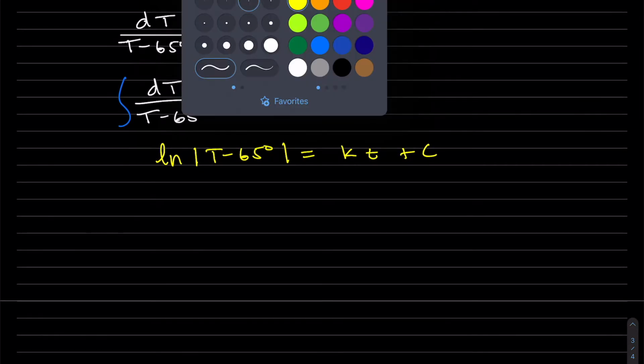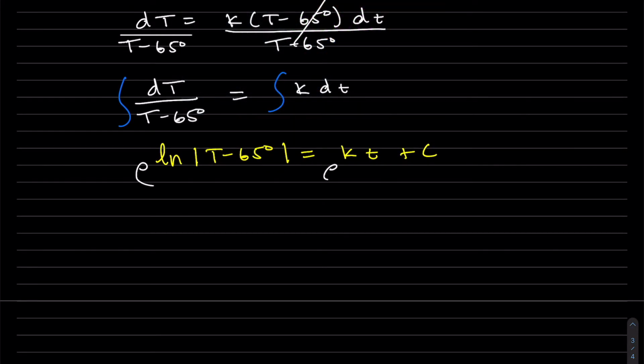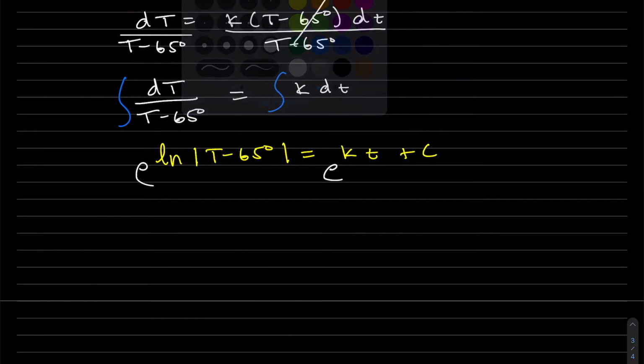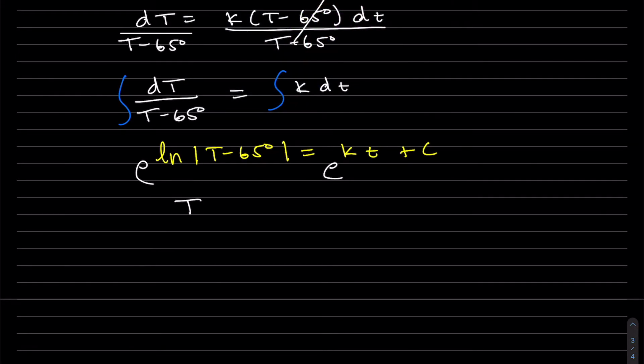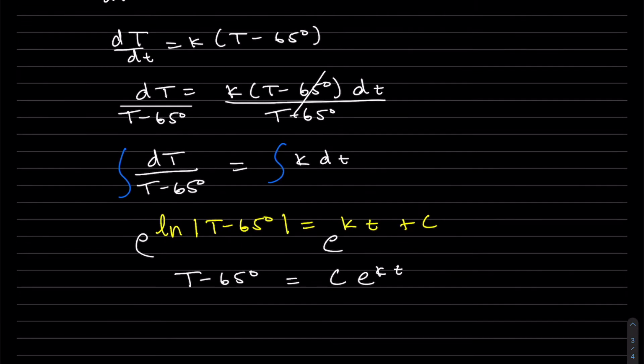We'll take the e of both sides. And we know that C will come in the front. So we have some other values.